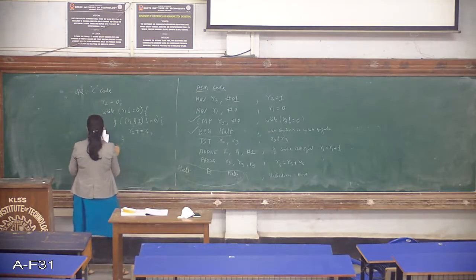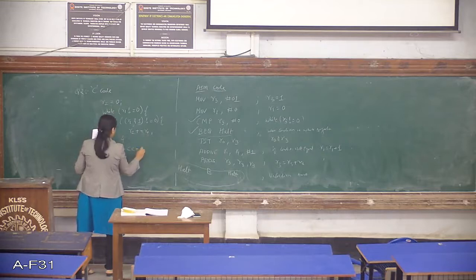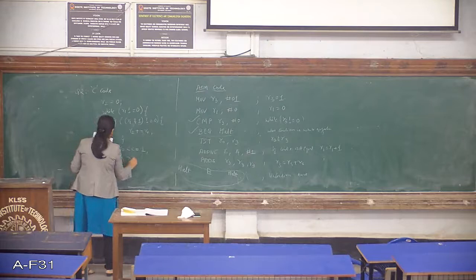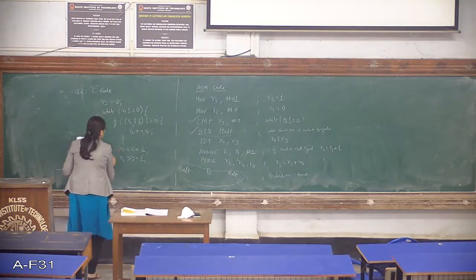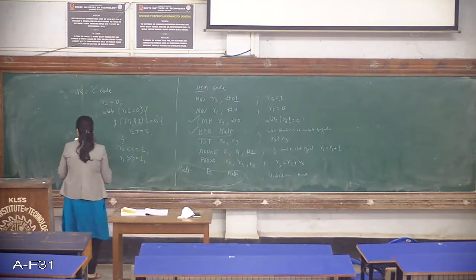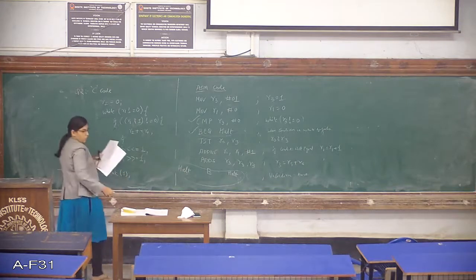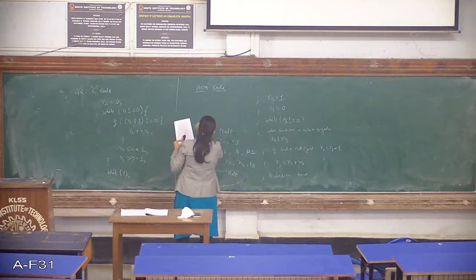This is the if statement, and then after this you are going to have R0 left shifted by 1 and R1 right shifted by 1. After this while is completed, we have one more while here, while 1. So this is the second code which is there in the document.